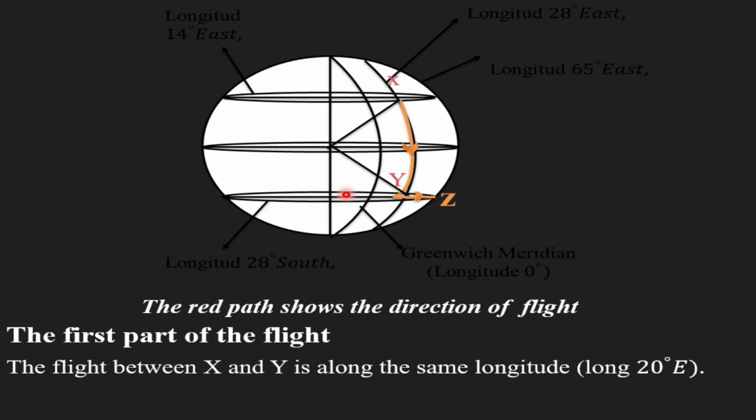We can use this diagram as an example. So it flew from X 14 degrees, then 28 degrees. It moved from X to Y, and from Y it flew to Z. Getting it?